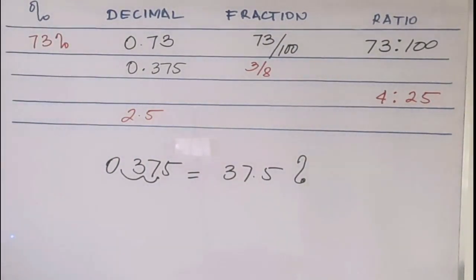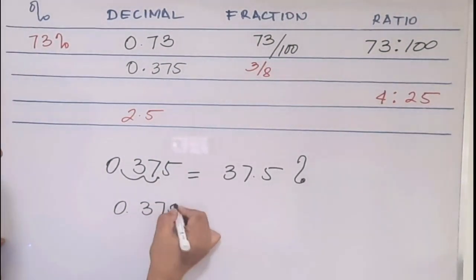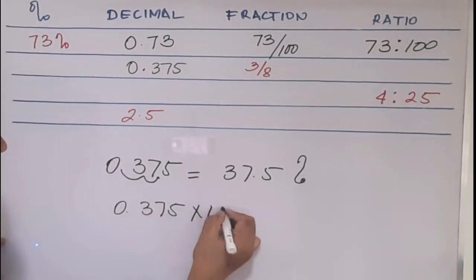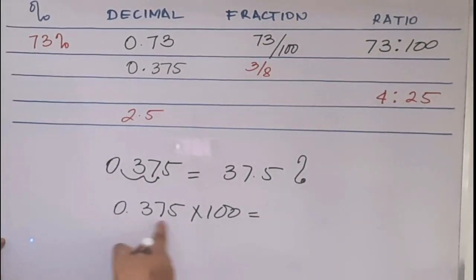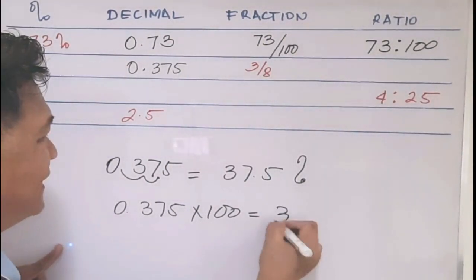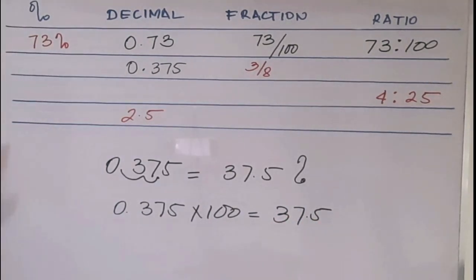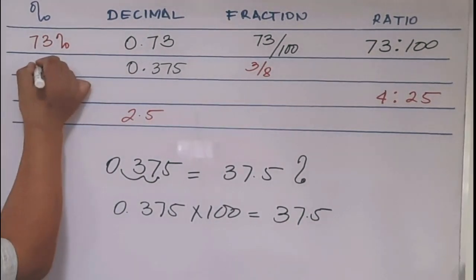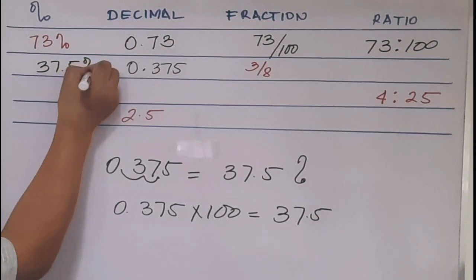Another way is 0.375 times 100, which is 37.5. So your 0.375 in percent becomes 37.5%.